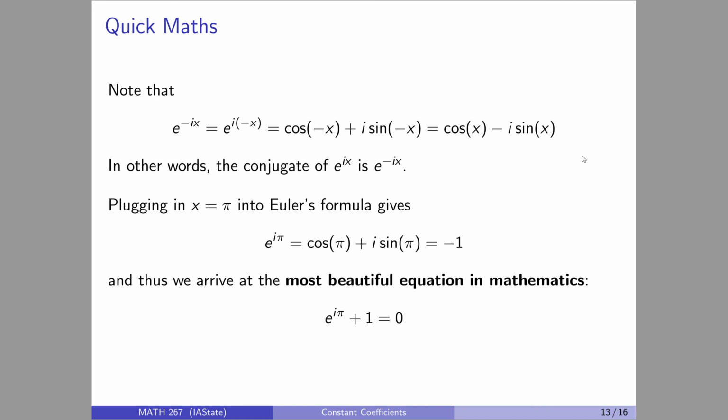And so the reason this equation usually gets referred to as the most beautiful equation in mathematics is that it cleanly and neatly illustrates multiple fundamental mathematical facts. Okay, so we have the equal sign, a key ingredient in mathematics. We have 0 and 1, absolutely fundamental numbers in mathematics.